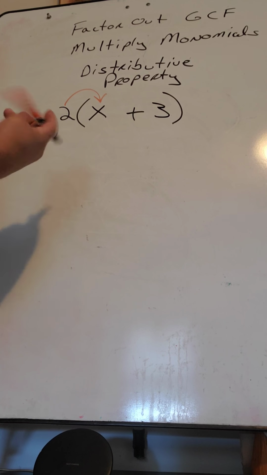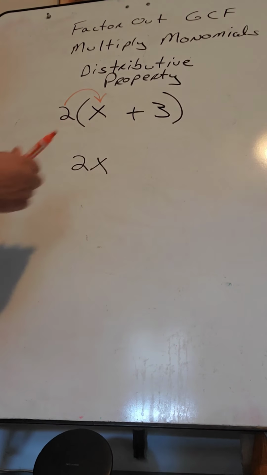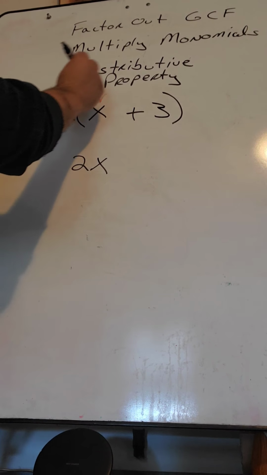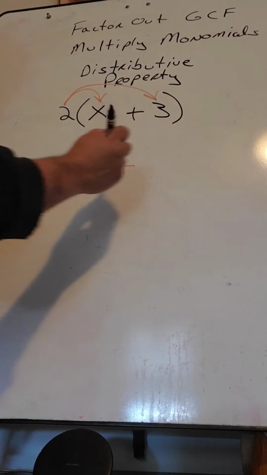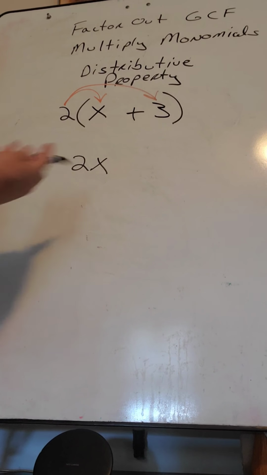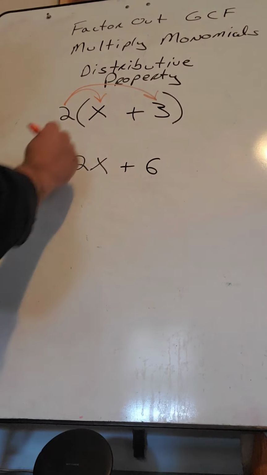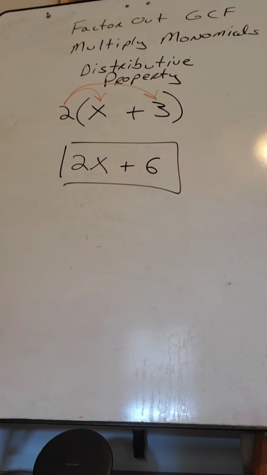So 2 times x becomes 2x, and then that same 2 times the 3 becomes 6. That'll be your final answer.